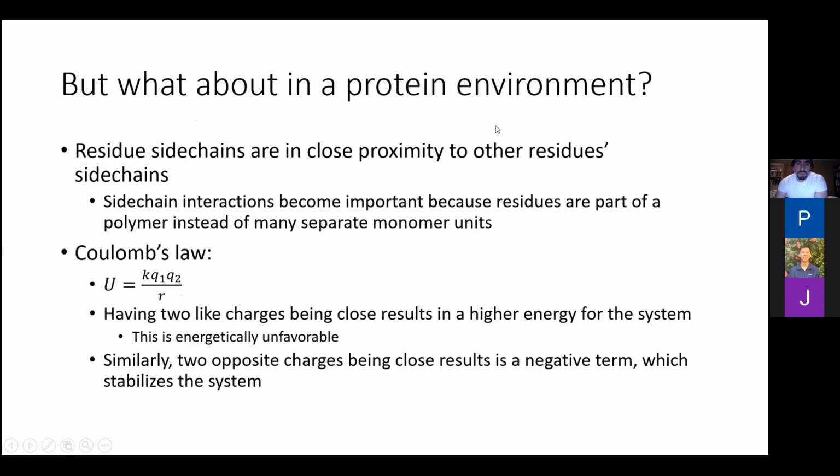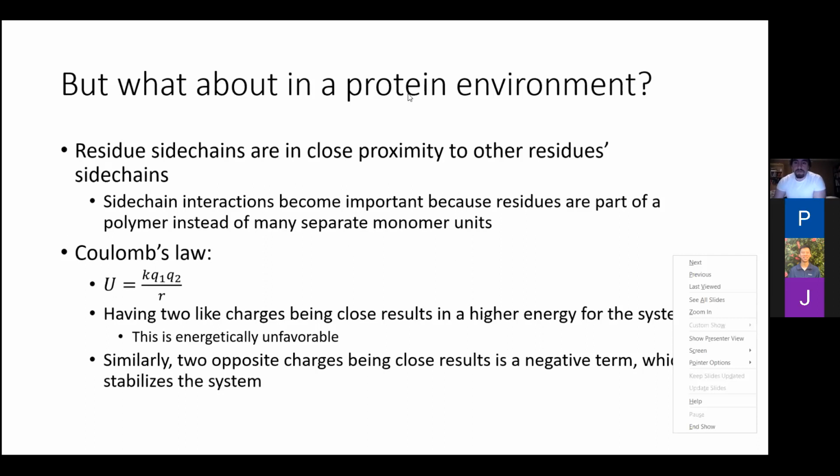So that's just in a solution of just the amino acid on its own. Let's talk about how being in a protein changes the game. Since proteins are a polymer of amino acids, you have other side chains which can have an effect.